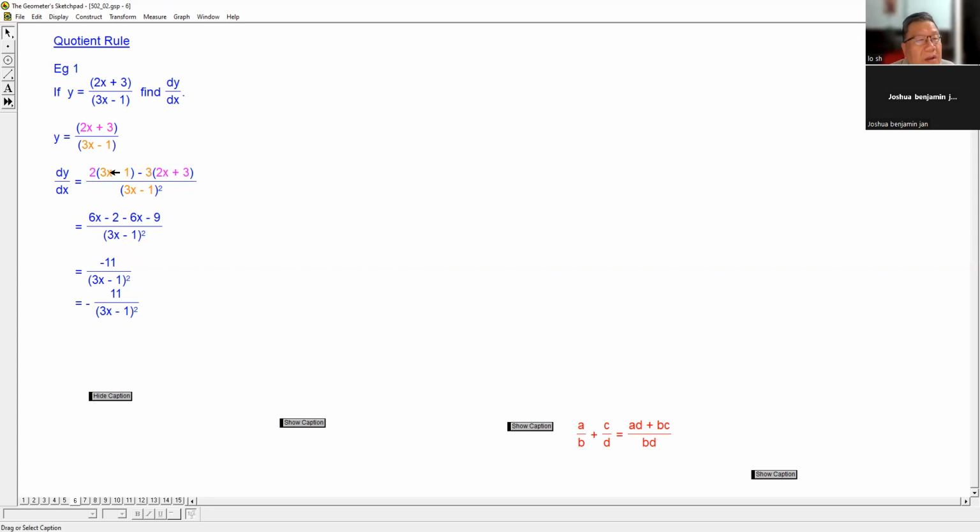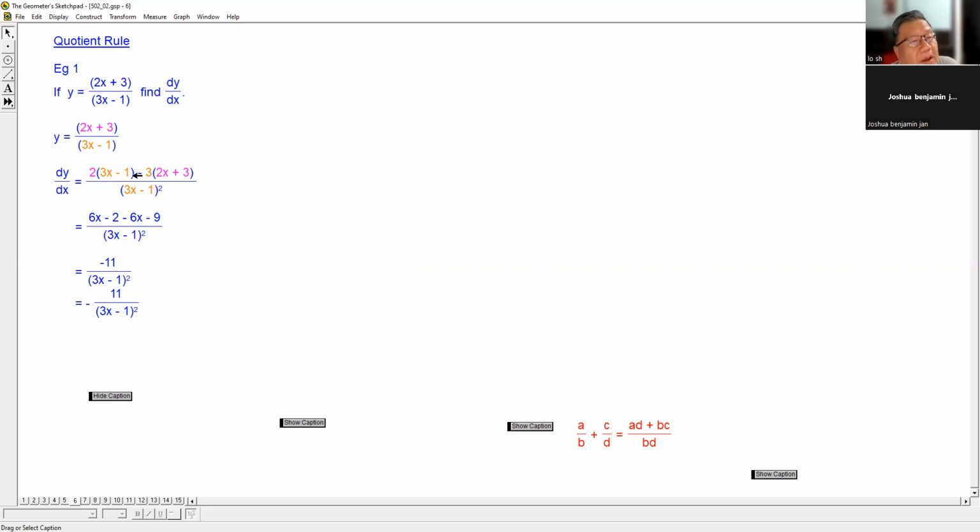Again, for the differentiation one, you have to differentiate the top first. You cannot differentiate the bottom first, then keep the top. Cannot. You have to differentiate the top first, then keep the bottom. Okay. The next one will be differentiate the bottom, this one, then keep the top.